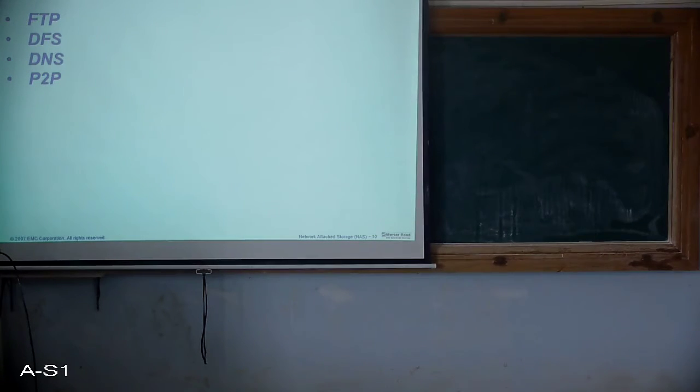The third one is client server models, which use file sharing protocols such as NFS, that is network file system, and also CIFS, which is a specialized network protocol.